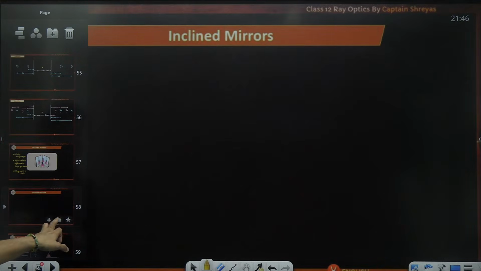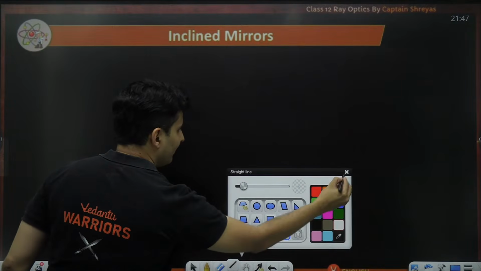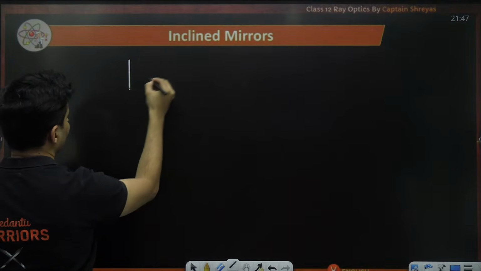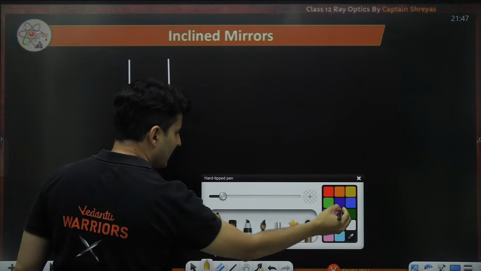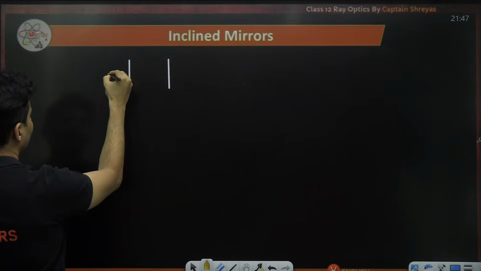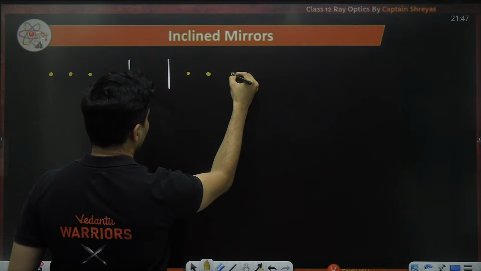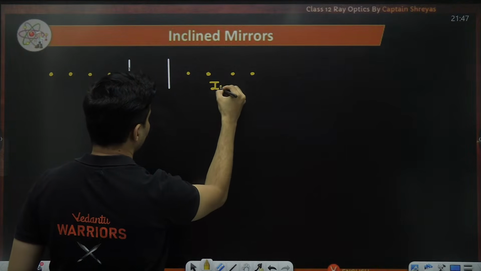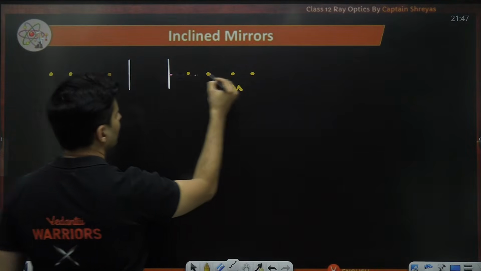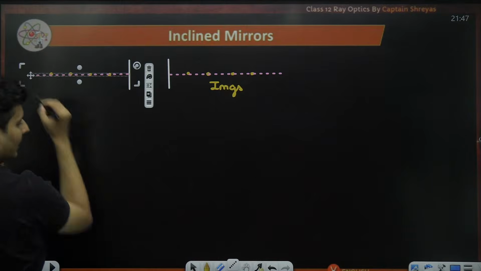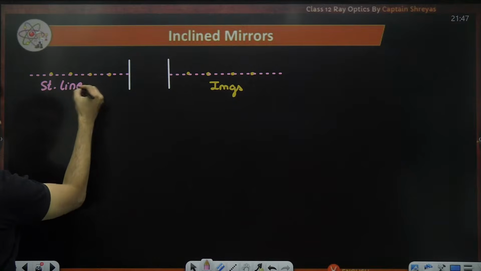This is very, very interesting. If you have flat mirrors like this, the images formed are here, here, here, here, here, here, here, here. These are the images, and all these images, as you can see, are on a straight line.